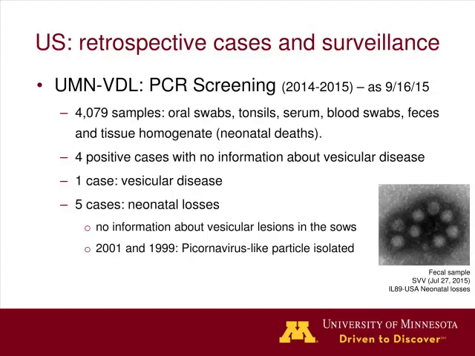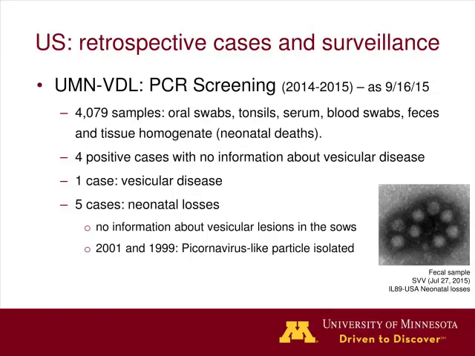So we sampled over 4,000 samples and got 4 positive cases with no information about vesicular disease. One case was a vesicular disease rinsate case that I'm going to mention later in the presentation, and 5 cases are neonatal loss, and I can't remember if all 5 cases had any vesicular feature.